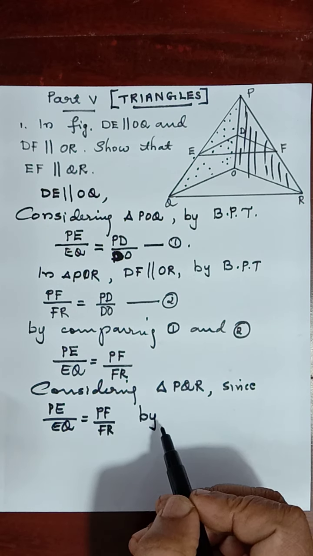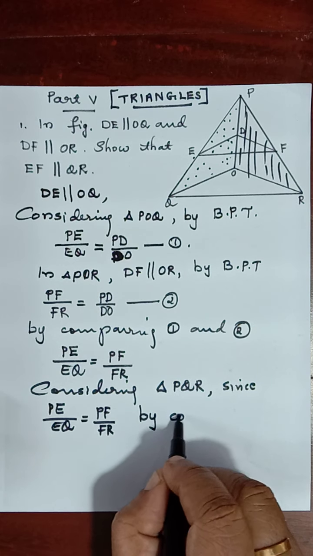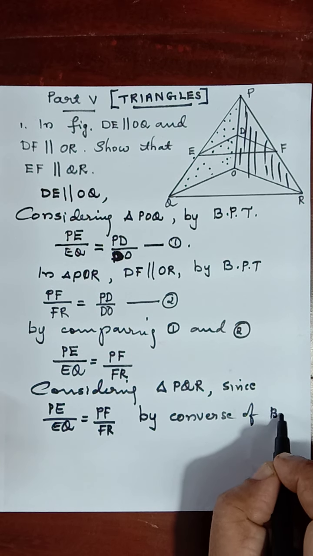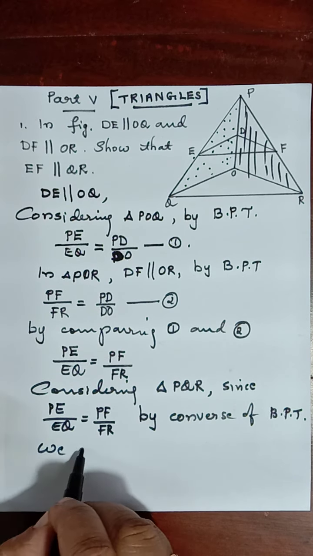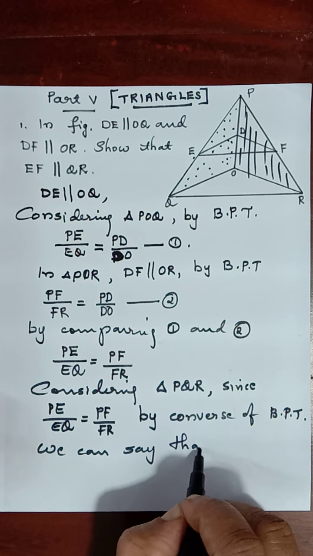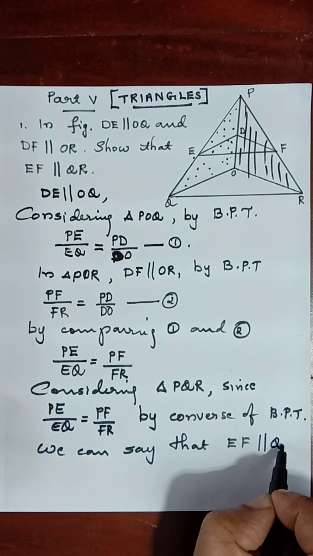Therefore, by the converse of the basic proportionality theorem, we can say that EF is parallel to QR.